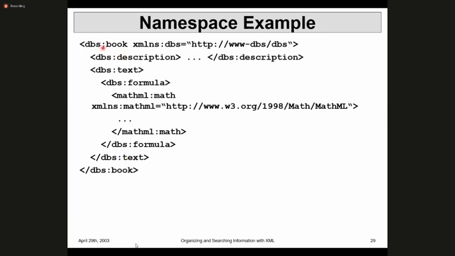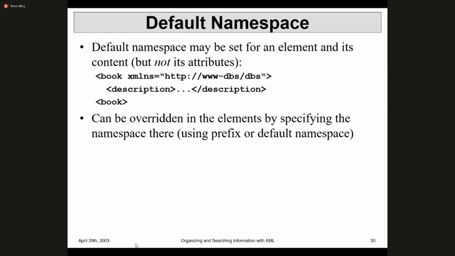There's no problem using the DBS namespace for all its children, so you can use it without any restriction, but not for its attributes. The XML namespace can be used for elements, but not for attributes.